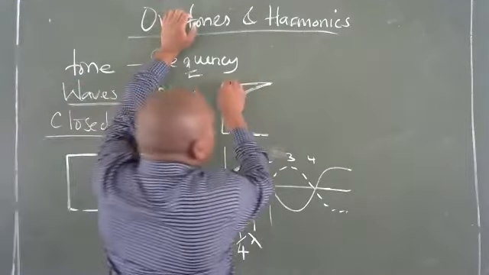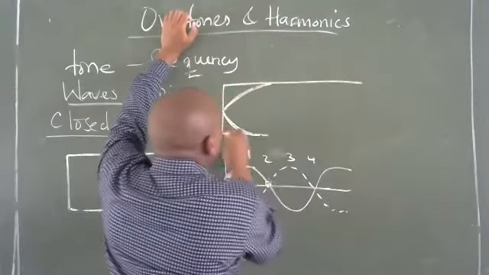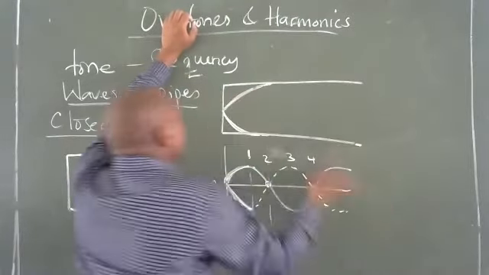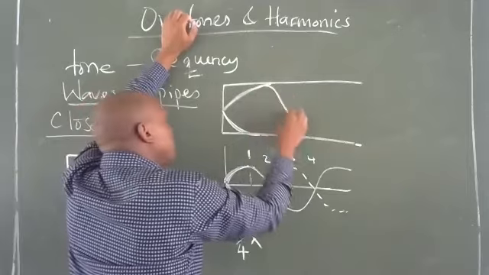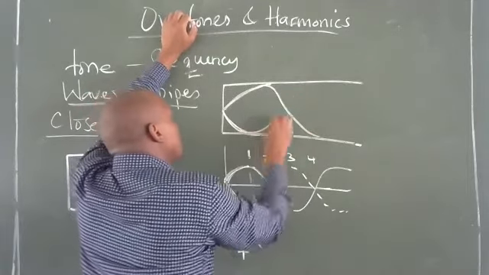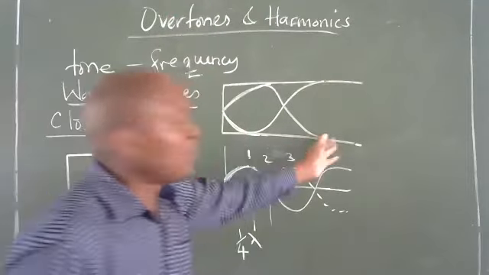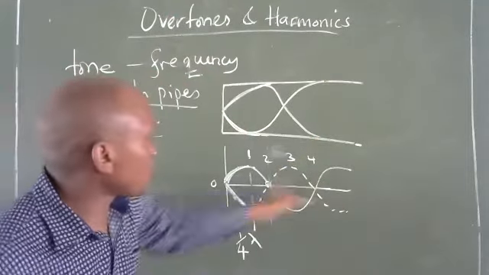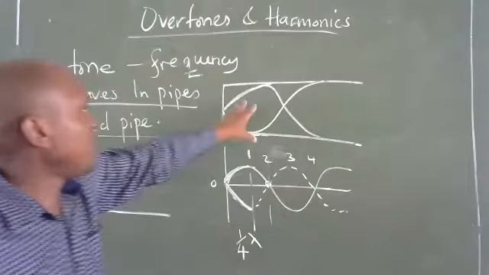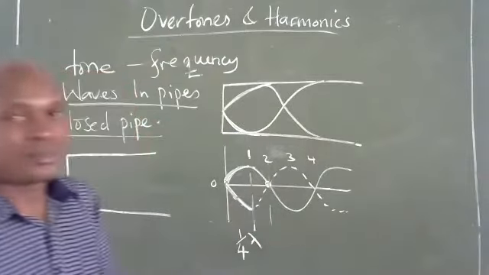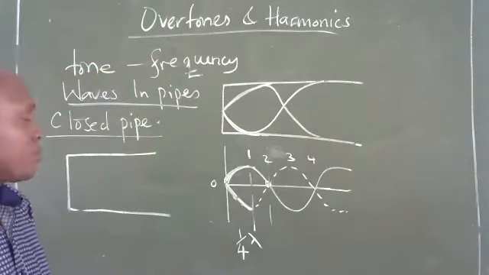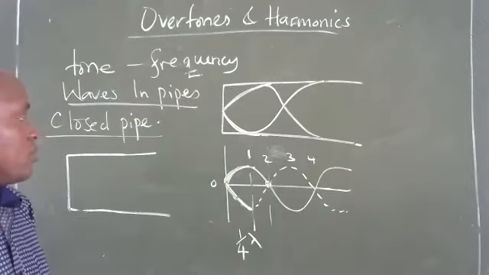Now, if my pipe is long, then this can come down and this one can go up. But now up to there, what does it represent in these numbers? 0 to what? If you compare this diagram with this. 0 to 3.